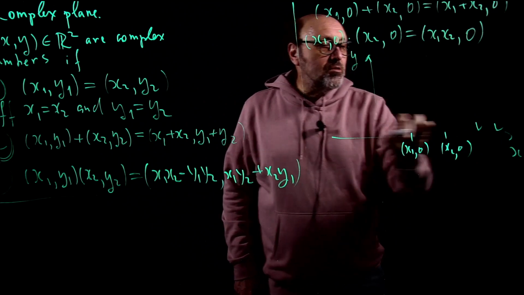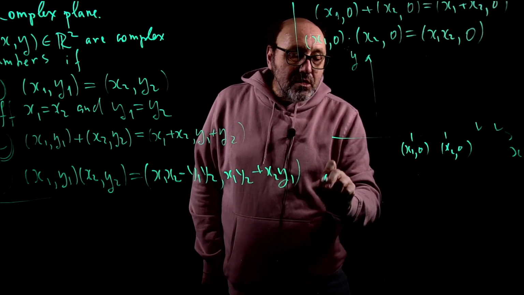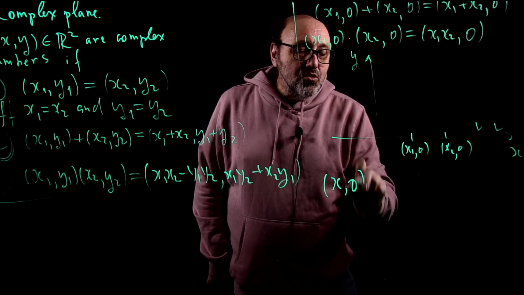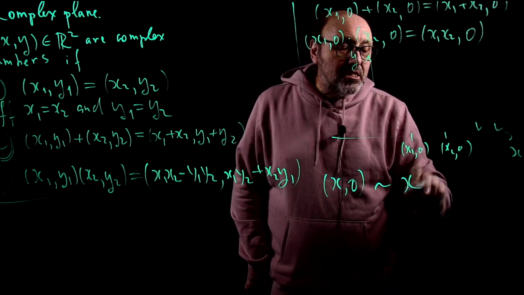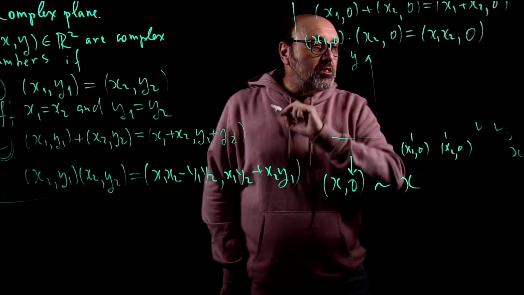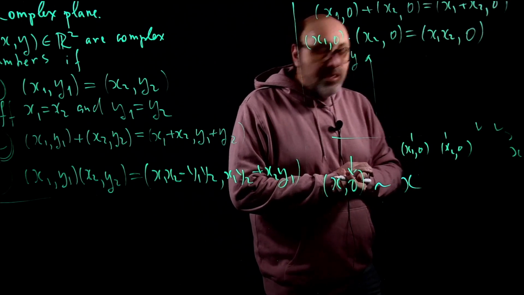So we do not leave this axis working with these numbers. For this reason, the usual notation for this type of couples is just x, because 0 does not change anything, right?